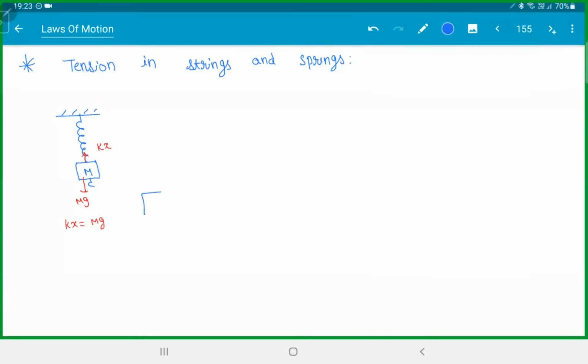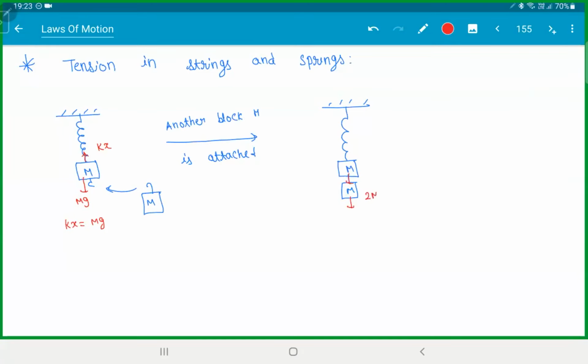Now, if you take another block of mass m and try to attach it, what happens is suddenly the weight has become 2 mg.